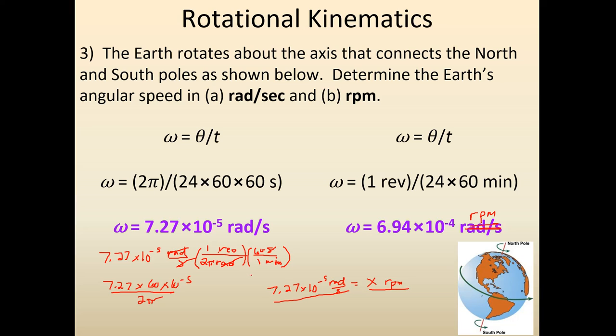If you look back at what I wrote before, I mentioned that 1 RPM was pi divided by 30 radians per second. I do this so that the units cancel out, like over like. So if I do this math, we end up seeing pretty much the same thing, that it's going to be 30 times 7.27 times 10 to the negative fifth divided by pi. And again, that should also get me this answer.